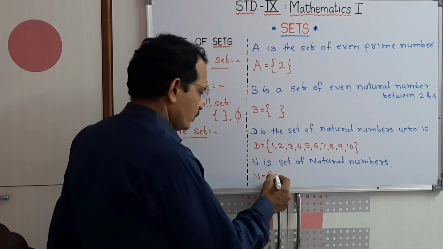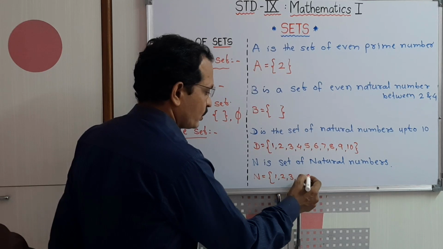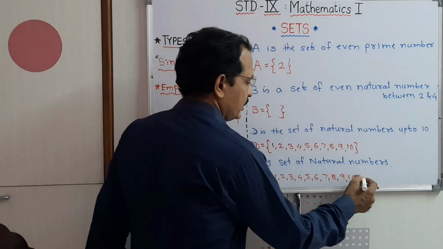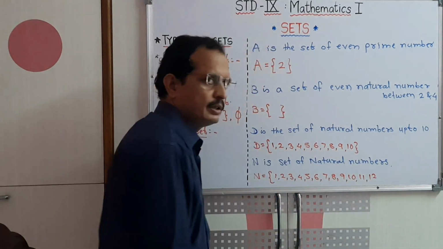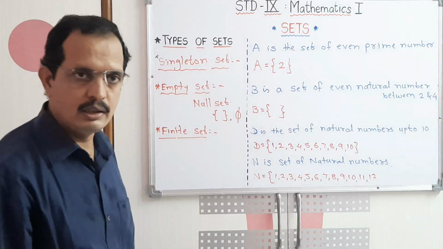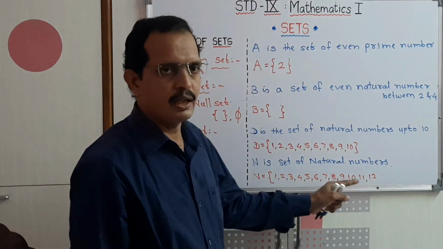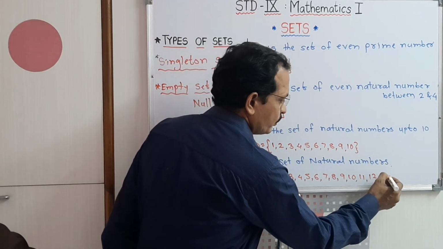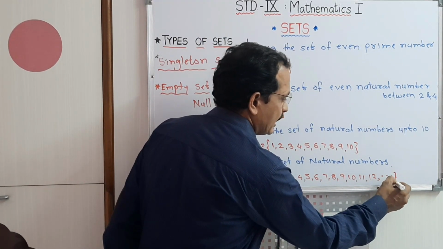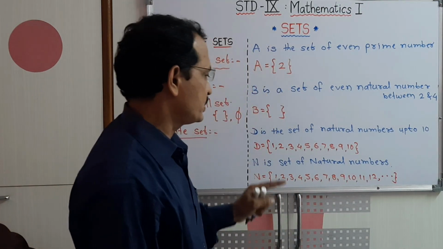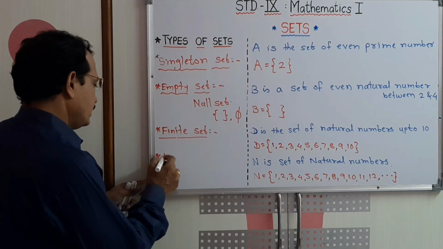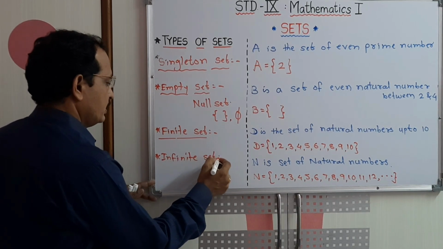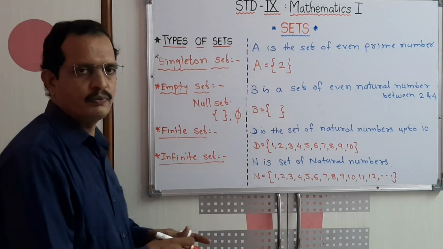I have to start with 1, 2, 3, 4, 5, 6, 7, 8, 9, 10, 11, 12, like this. The natural numbers are unlimited, that is, not limited, and they are not countable. Therefore we have to put a comma and then write 3 dots like this, and such sets are called an infinite set.